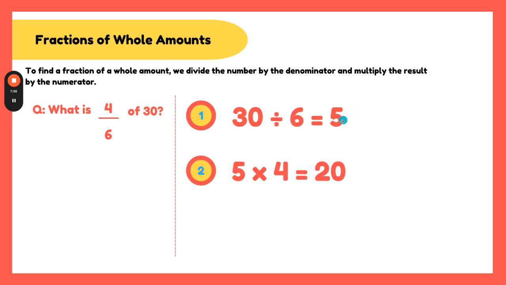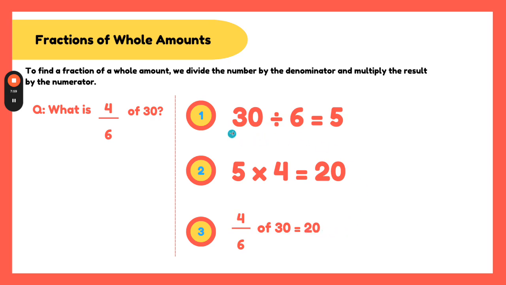And then we multiply this result by the numerator, which in this case is 4. So 5 times 4 equals 20, which gives us our final answer: 4/6 of 30 is equal to 20.